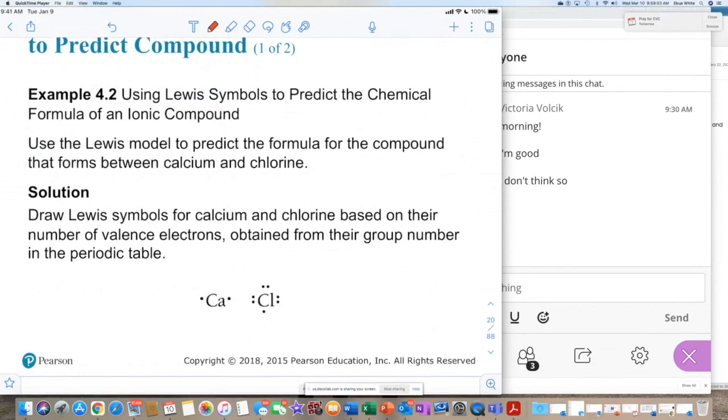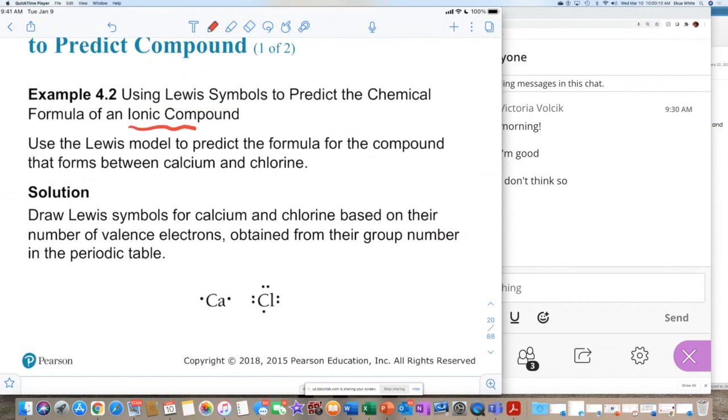Okay, now we're going to be using Lewis symbols here to predict the chemical formula for the ionic compound. The Lewis symbol, for the most part, if you've had this in high school, is used to predict the formula for molecular compounds. But for right now, we're looking at ionic compounds.